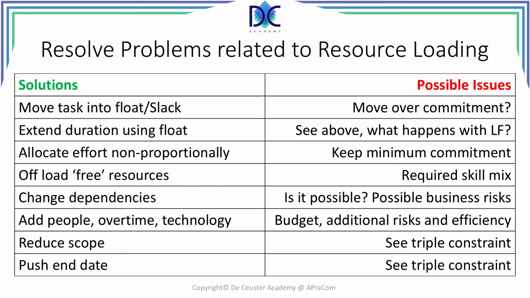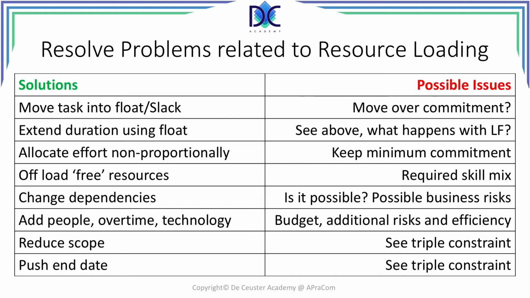We can change dependencies between the activities, but we have to be sure that it is possible and what are the eventual risks that may lead to. We can add people, overtime, or technology, but this has an effect on the budget. There may be additional risks, and efficiency may decrease.